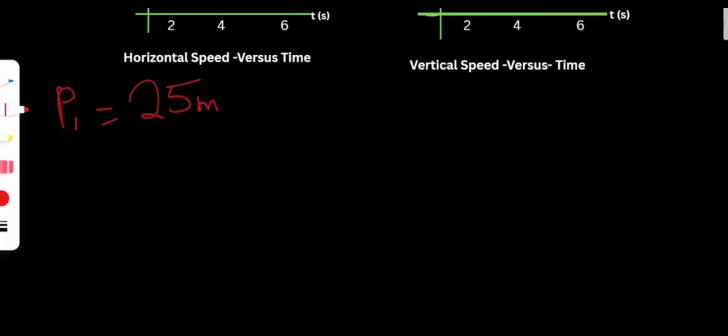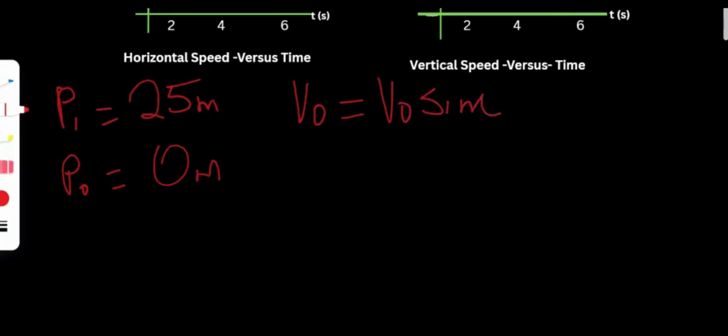That is the highest height. And the final position, let's call it P0, is 0 meters. Then we also have the initial velocity, V0 sine theta, which is 40 sine, and the angle given was 30 degrees.